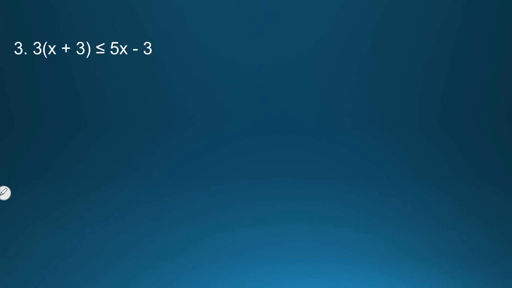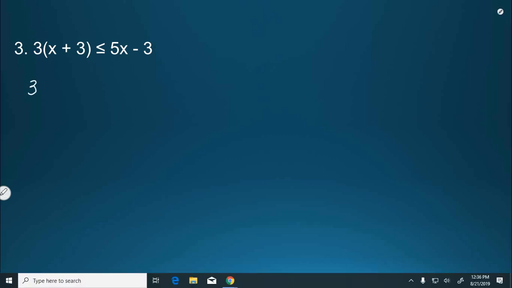On to number 3. All right, so now adding a little bit more. We have parentheses and variables on both sides. So we have to distribute first. We have 3x plus 9 is less than or equal to 5x minus 3. Variables on both sides. I want to move the smaller one over to the larger one, so I'm going to subtract 3x.